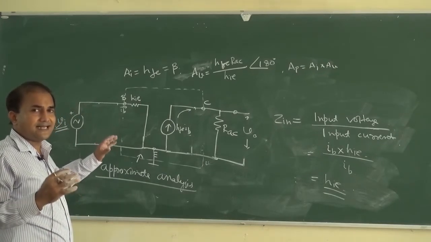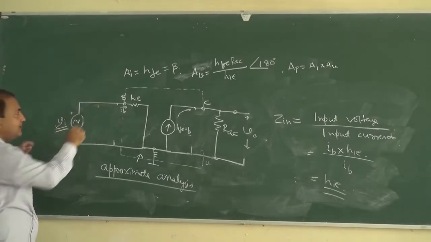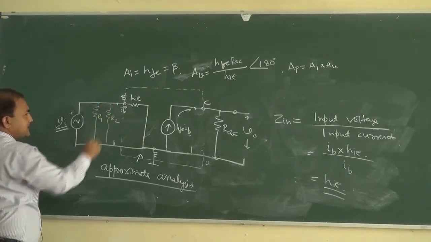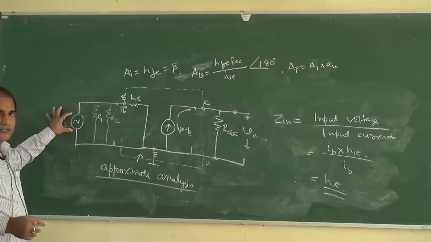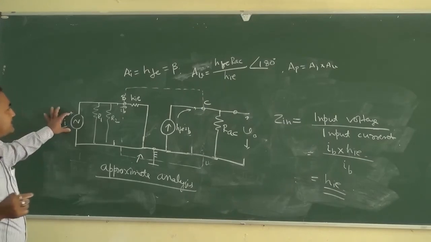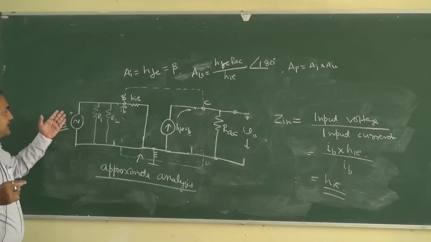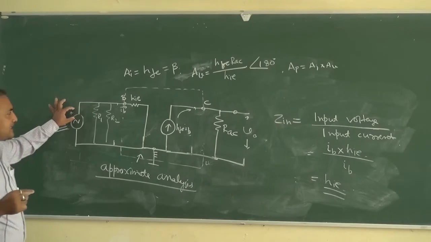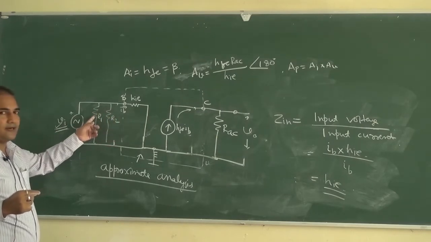But if we are analyzing the complete circuit, then earlier R1 and R2 were present. But in approximate analysis, for an ideal voltage source, or a good voltage source, its internal resistance is very small, and it is in parallel with R1 and R2, so in that case we have neglected R1 and R2.